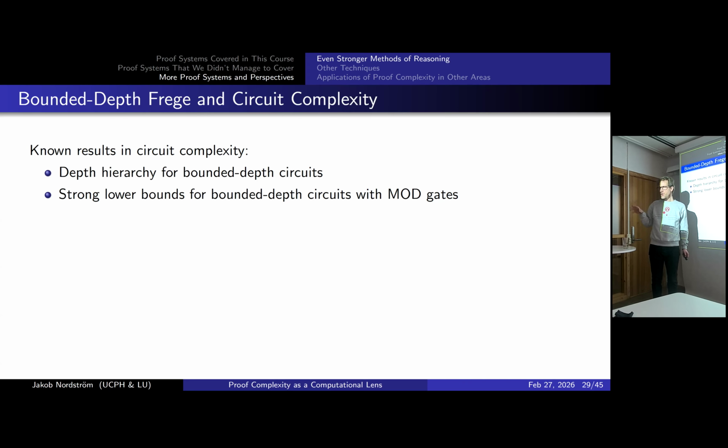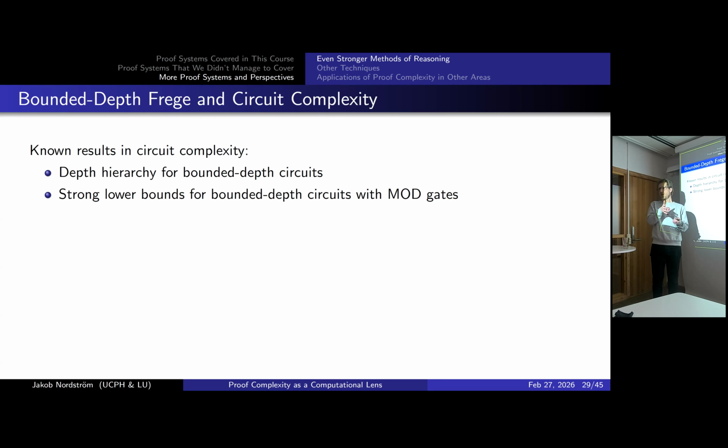Bounded depth circuits is kind of bounded depth Frege. Bounded depth circuits with mod gates is kind of Frege with modular connectives, or say parity connectives for concreteness. And there is a certain transfer of tools and techniques from the circuit side to the proof complexity side.